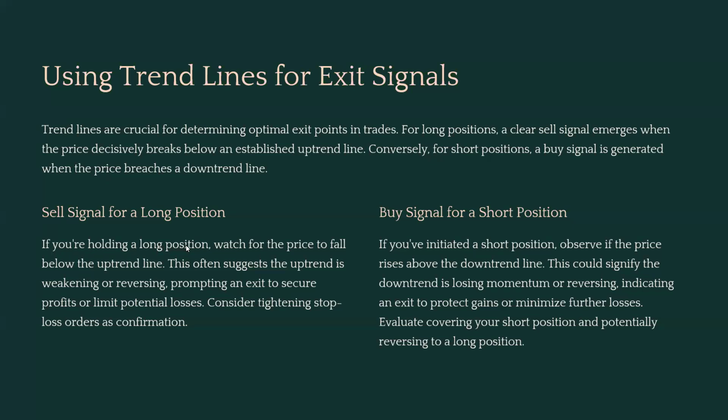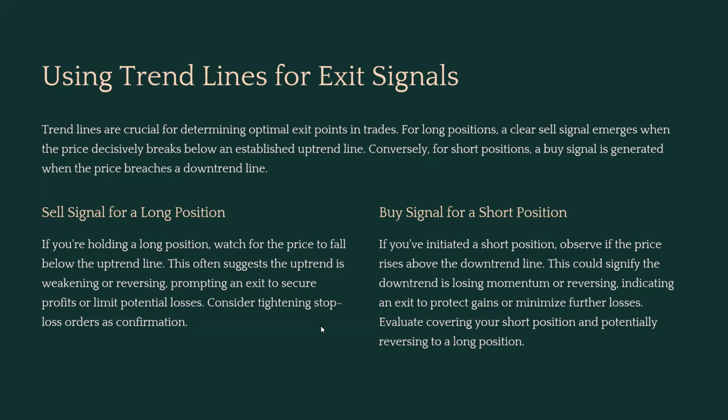If you're holding a long position, watch for the price to fall below the uptrend line. This often suggests the uptrend is weakening or reversing, so promptly exit to secure profit or limit potential loss. Consider tightening stop loss orders as confirmation.